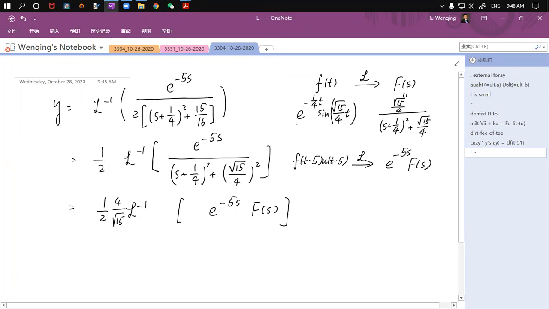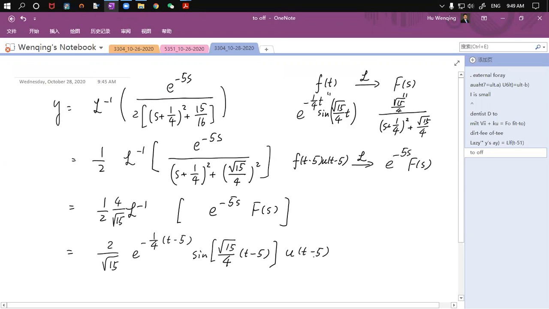But you know f is equal to this function. So you're going to have 2 over the square root of 15, because 4 over 2 is 2, and then you use f(t minus 5). That means e to the power minus 1/4 of t, but you replace t by t minus 5, multiplied by sine of the square root of 15 over 4 times (t minus 5), multiplied by u(t minus 5).